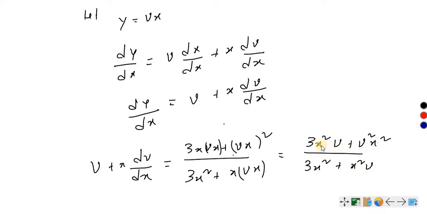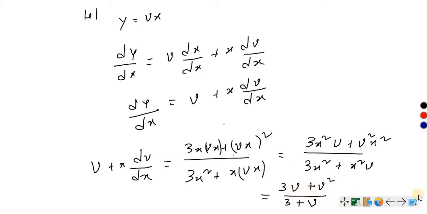So I can take x square common in the numerator as well as in the denominator, and I can cancel it. Then I will be left with 3v plus v square by 3 plus v. So this is what I am left with.